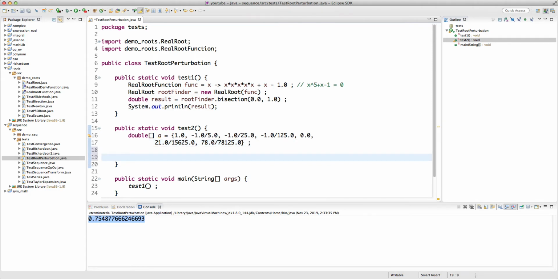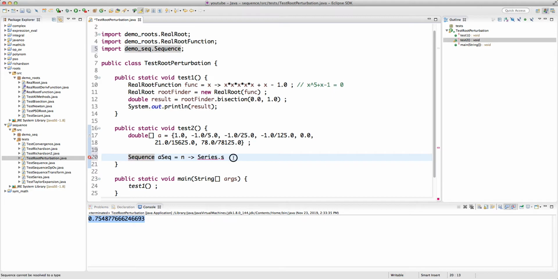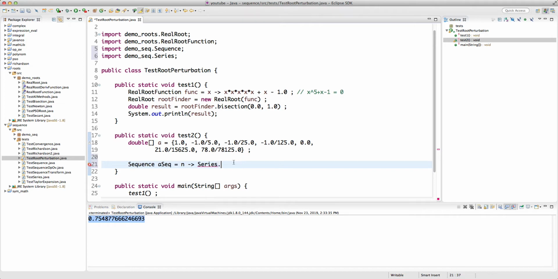Now let's try to sum this up. Let's create a sequence and import it. Let's call this A sequence. Basically n goes to series dot, and we need to import it, and we also need to import series dot sum.